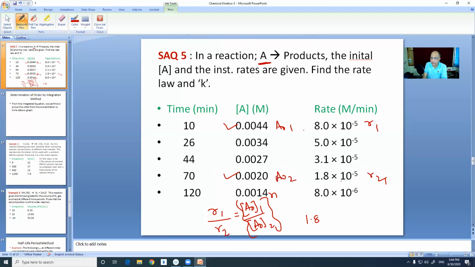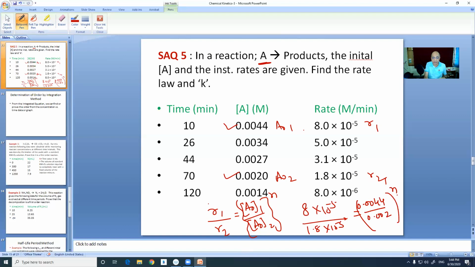Taking any two data, the ratio of rates R1 will be 8 into 10 to the power minus 5 by 1.8 into 10 to the power minus 5, and the corresponding concentration ratio is 0.0044 by 0.002 to the power n.